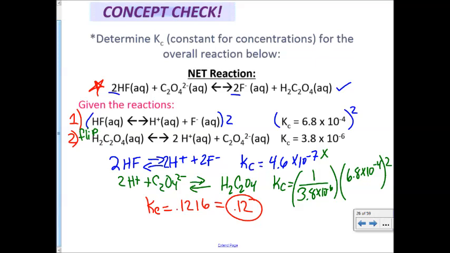Both of these have 2 in their original value, so we're going to go with 2. Remember, Ks do not have units. Kind of get the concept. It's similar to Hess's law, not exact. A couple different tiny changes in the rules when you're dealing with equilibrium.